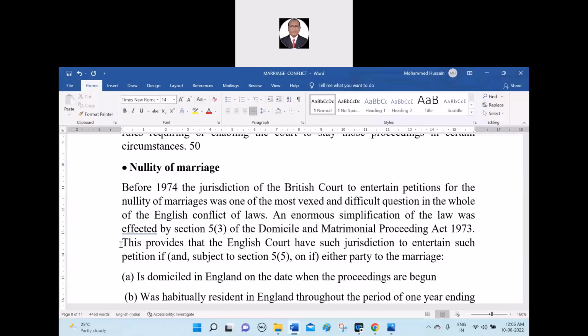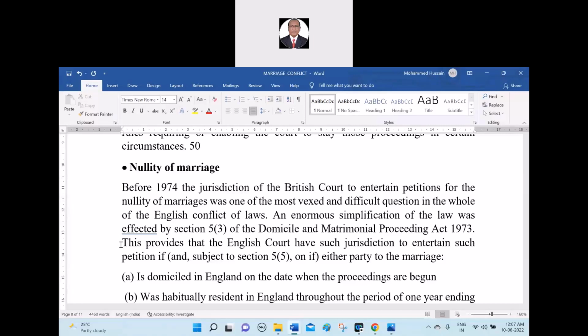Adultery? No, adultery is a ground to dissolve the marriage. Suppose the husband is impotent from the beginning. Yes, Prof., impotence. In that instance, a wife can ask for the nullity of the marriage, not a divorce, nullity of the marriage only.